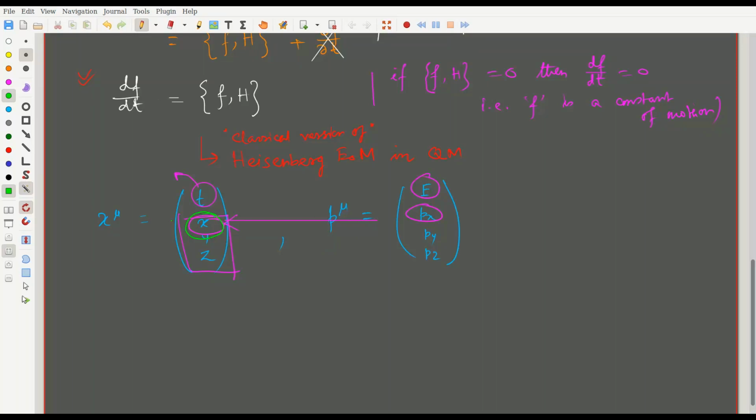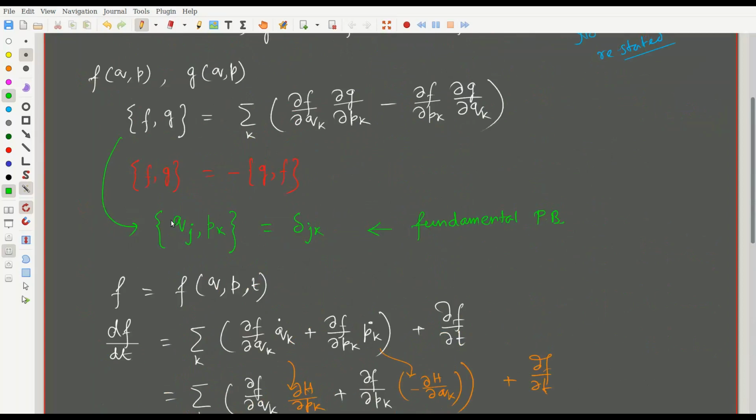Sir, in the translation operator which you discussed last lecture, U is exponential of minus iHt by ħ, something like this.